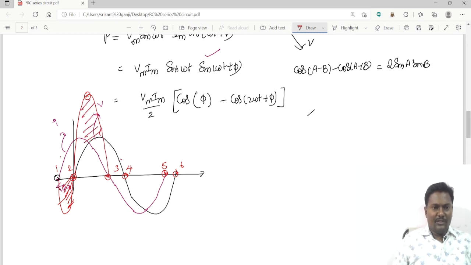Between 3 and 4, positive into negative is negative. Negative into negative is positive. Positive into negative is negative. The time period for this waveform is pi.